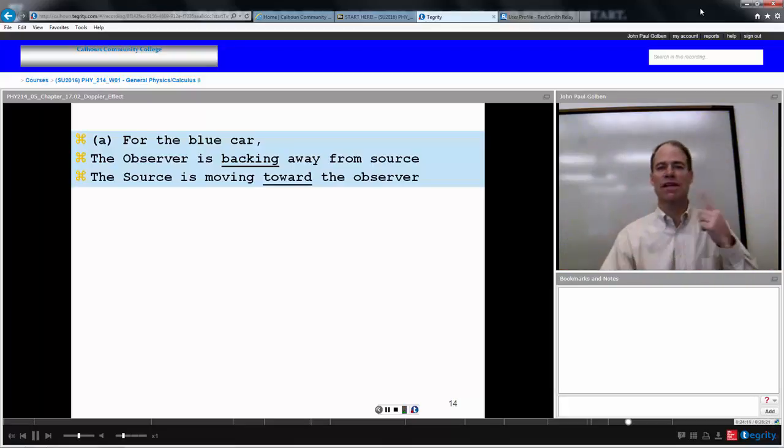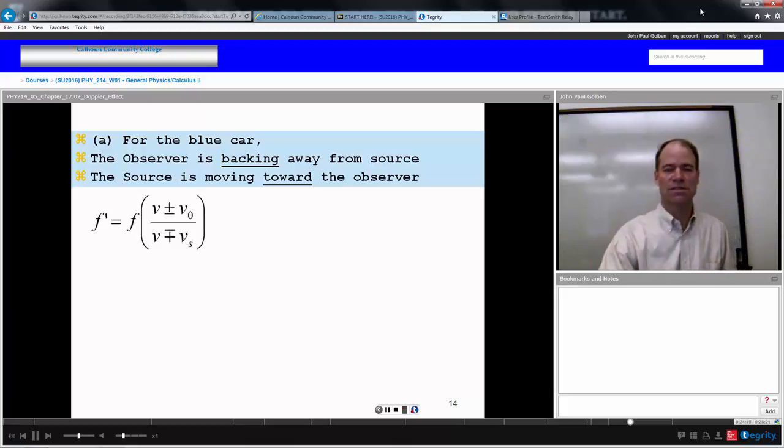So we have mitigating things going on here as far as the frequency is concerned. For our equation, we're okay. We have that the observer is backing away, so we're going to use the bottom minus sign, and the source is moving toward, so we're going to use the top minus sign in the denominator.